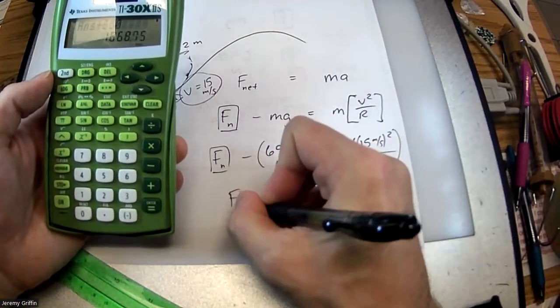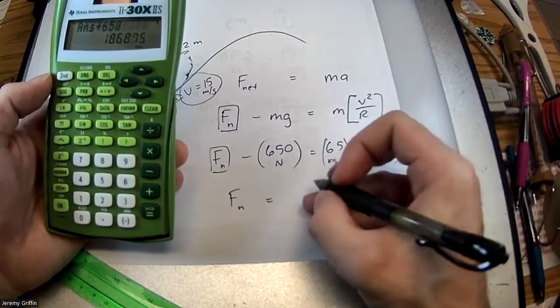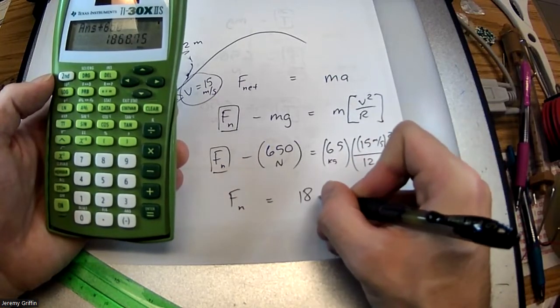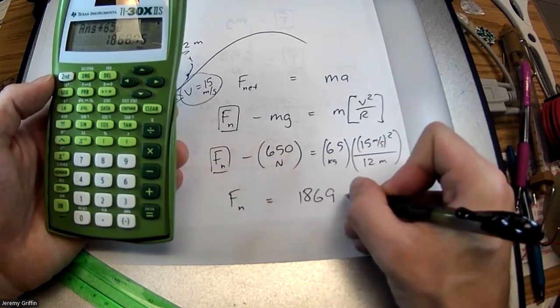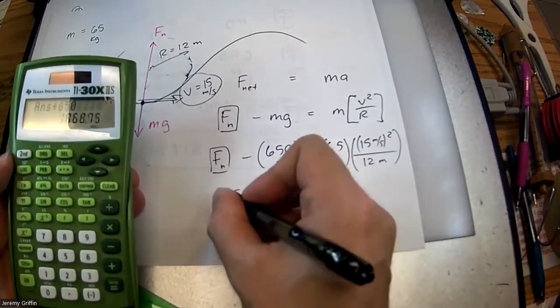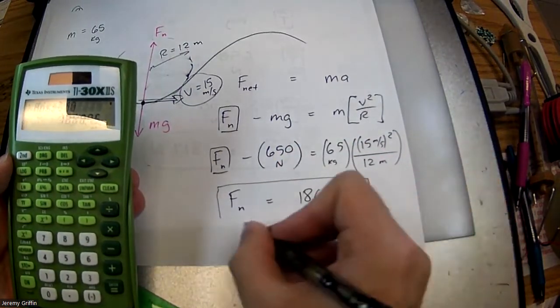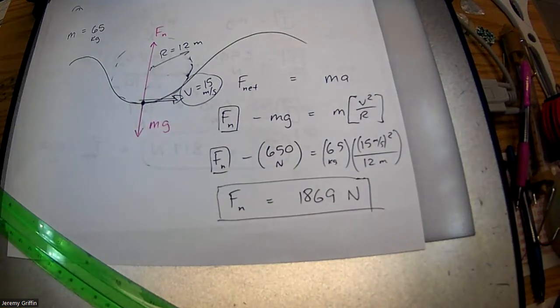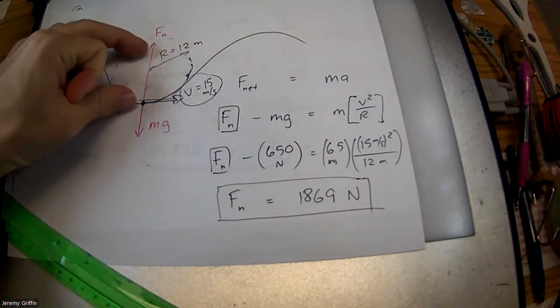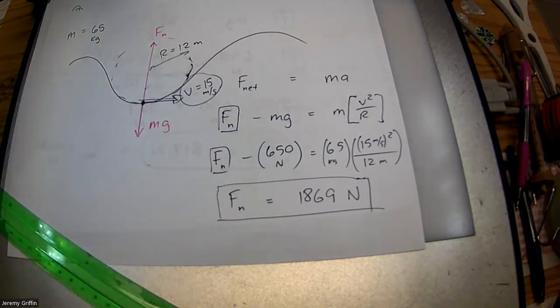So the normal force from the track should definitely be something larger than the weight of the passenger or the cart, right? Bigger than the weight, which is the initial setup. That vector is bigger than that vector. Okay. Is that right? Okay, that's it.